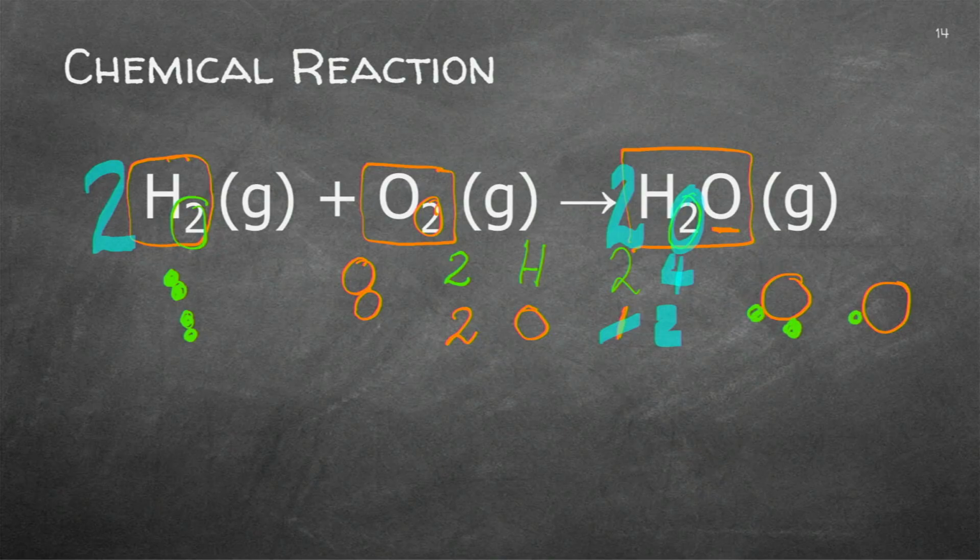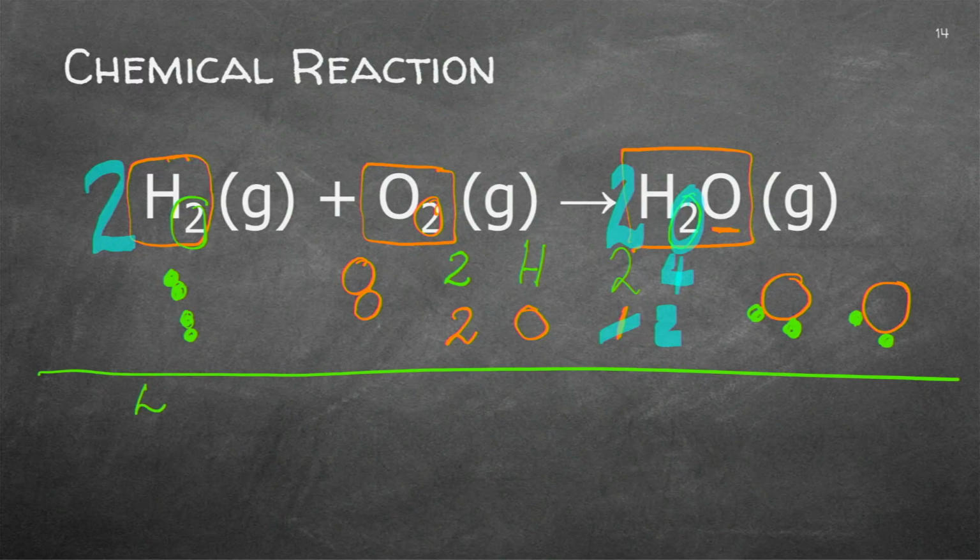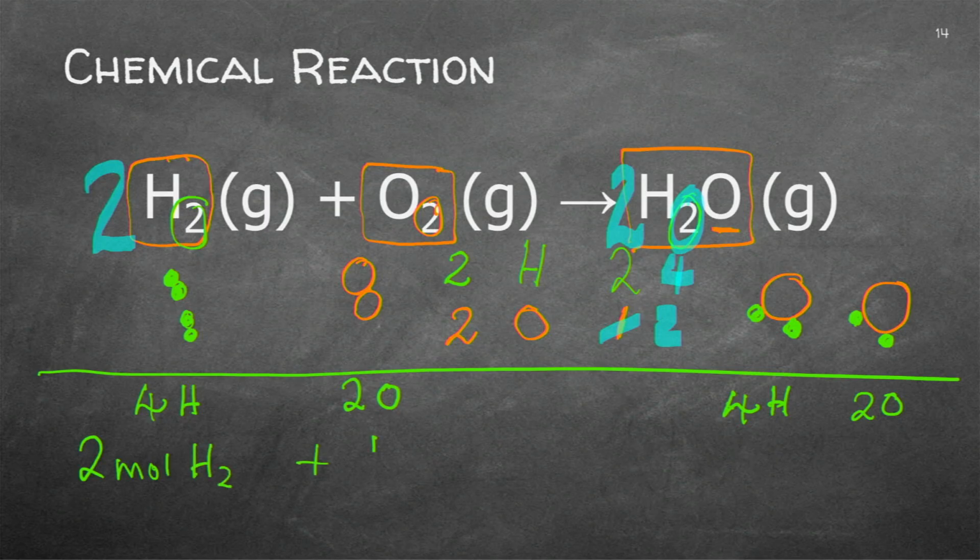Just let's make sure. What do we have? I've got 4 hydrogens going in. I've got 4 hydrogens coming out. I've got 2 oxygens going in, and I've got 2 oxygens going out. So what does that mean? It means I've got 2 mole of hydrogen with 1 mole of oxygen, giving me 2 mole of water.